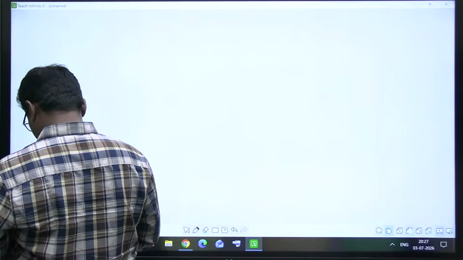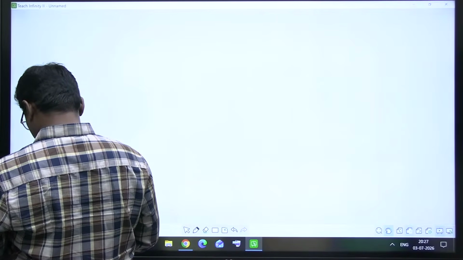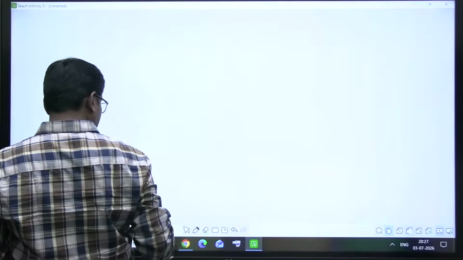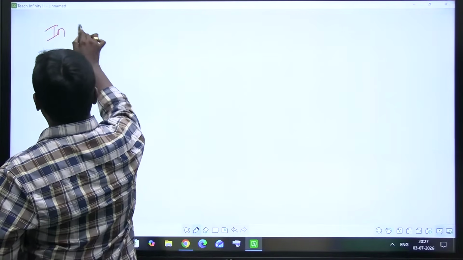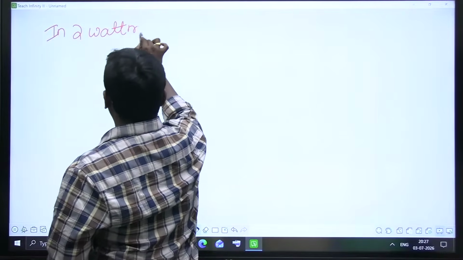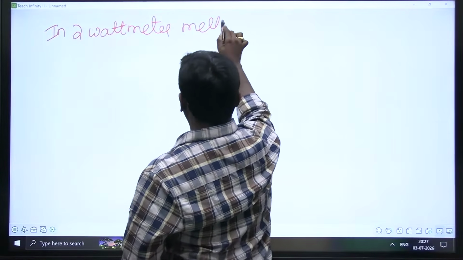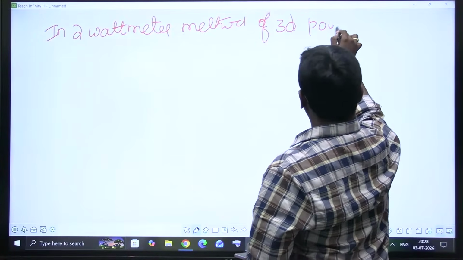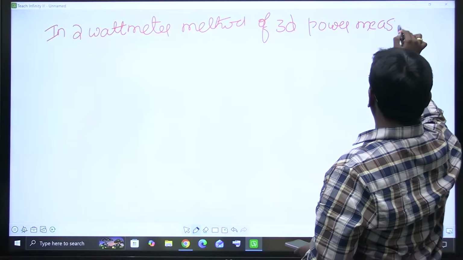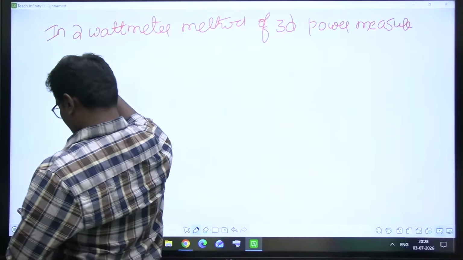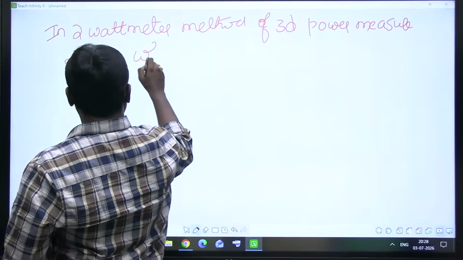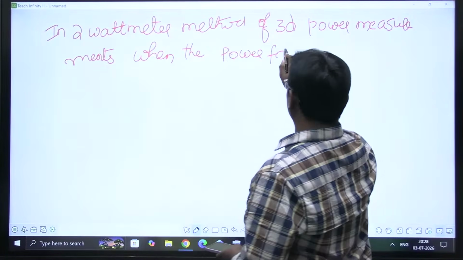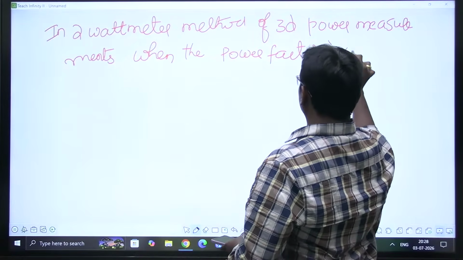In the two wattmeter method of three-phase power measurement, when the power factor is 0.5, this is very much important for this concept.